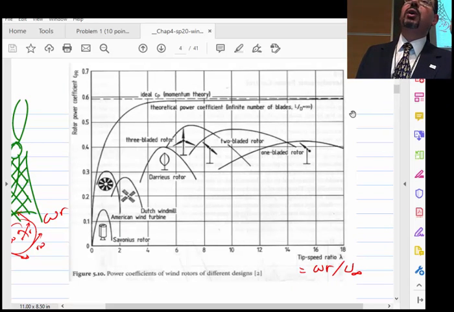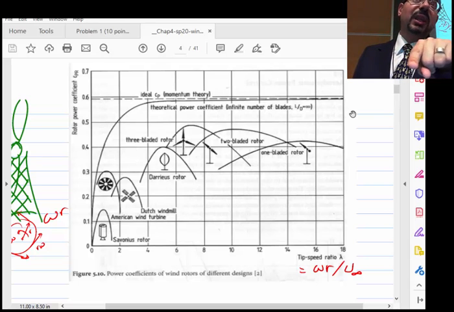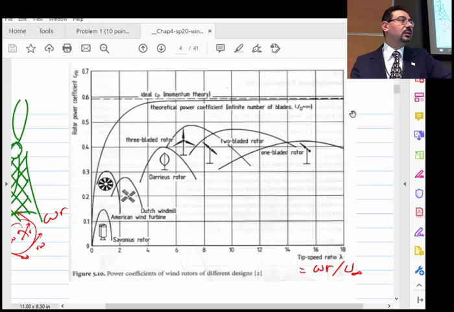Okay, so now the question for the free quiz that I told you I was going to ask about last week. Remember what I said? Why does this wind turbine, theoretically speaking, have a limit of 59%, but the hydraulic turbines we saw last week, with the charts, can hit 95%? Theoretically speaking, they can get 100%.